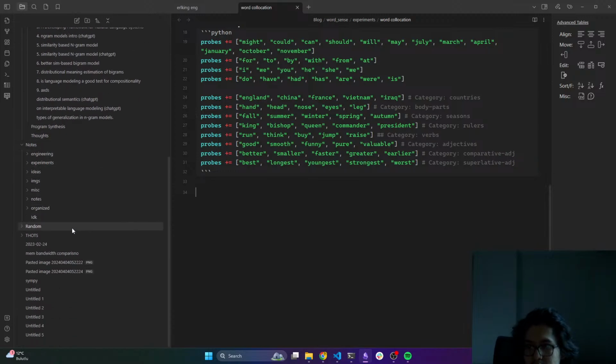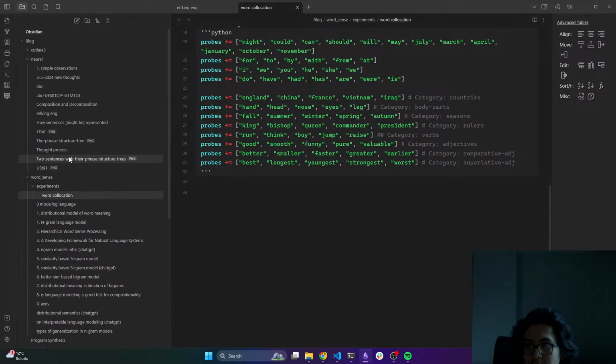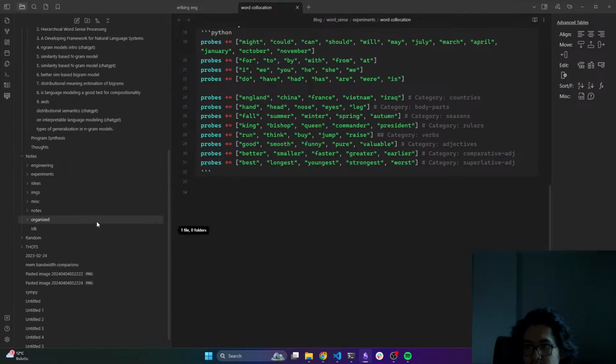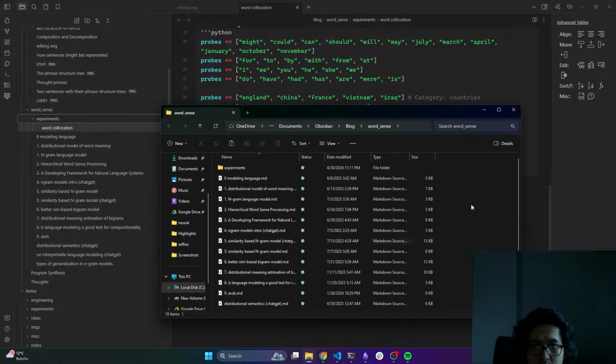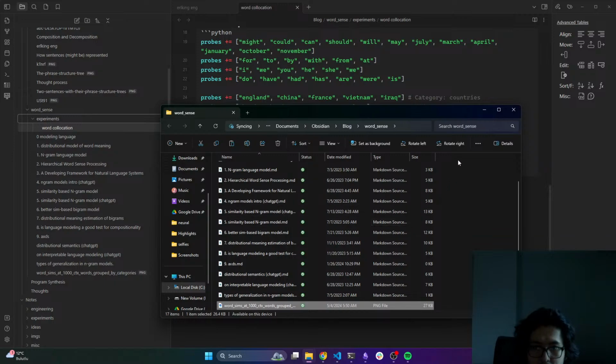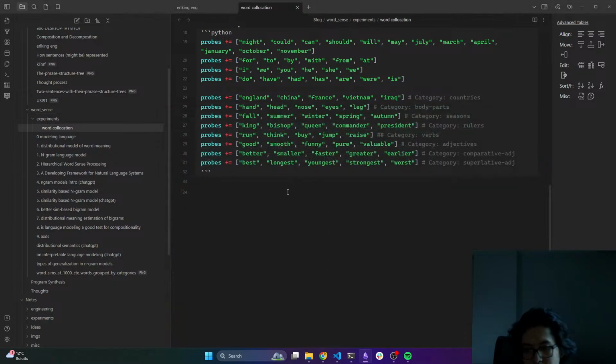Image. How do you link images? I think it's something like this.